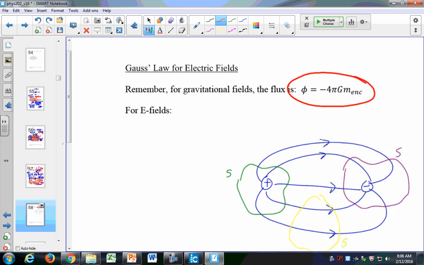You can do a similar thing for electric fields. In electric fields, the flux is equal to the enclosed charge divided by the permittivity of free space. So here, epsilon naught is the permittivity of free space.